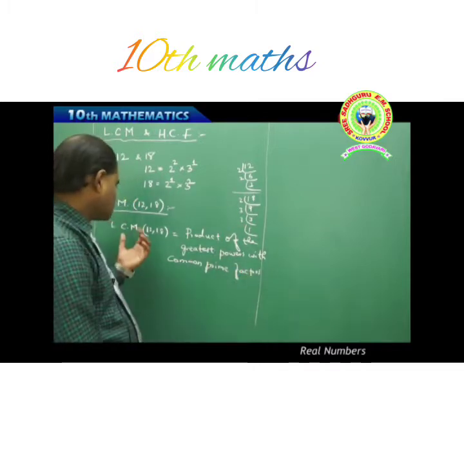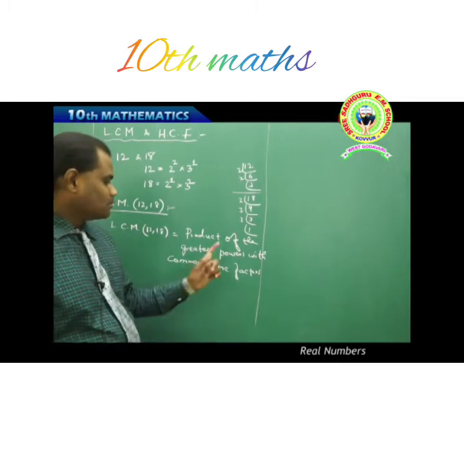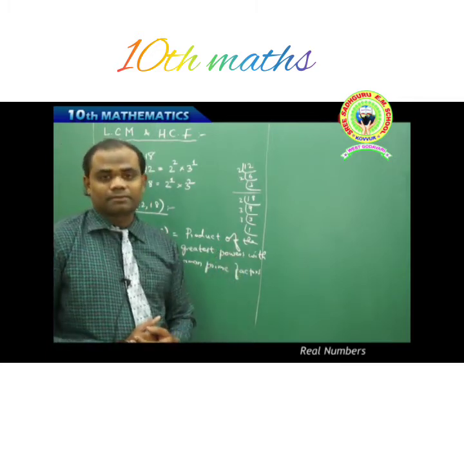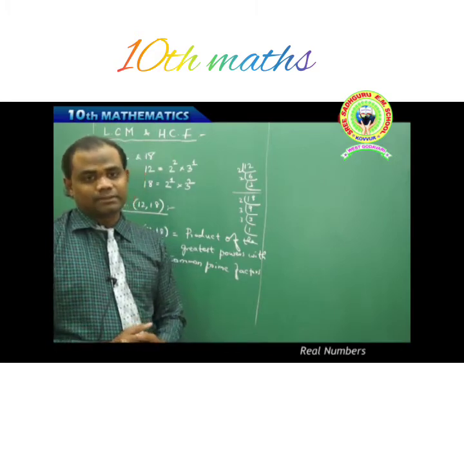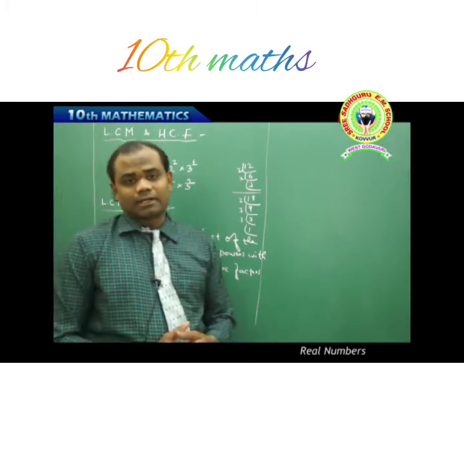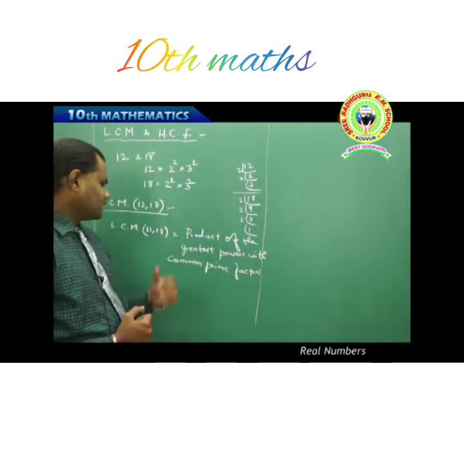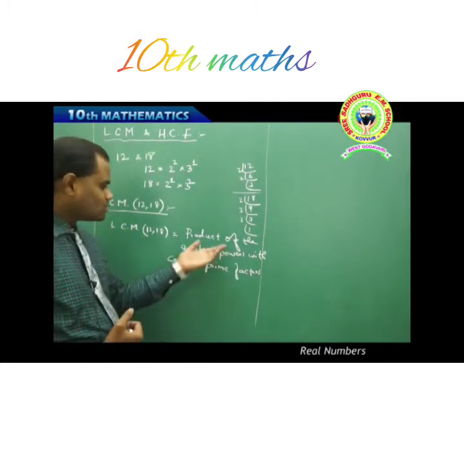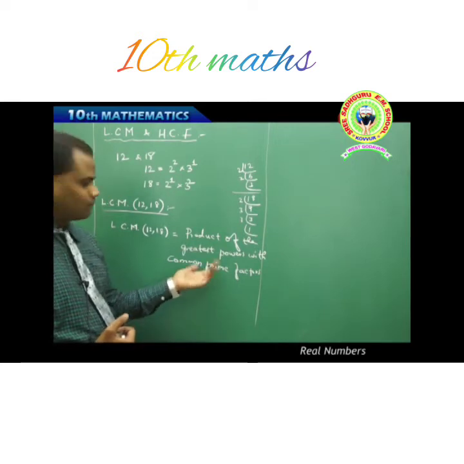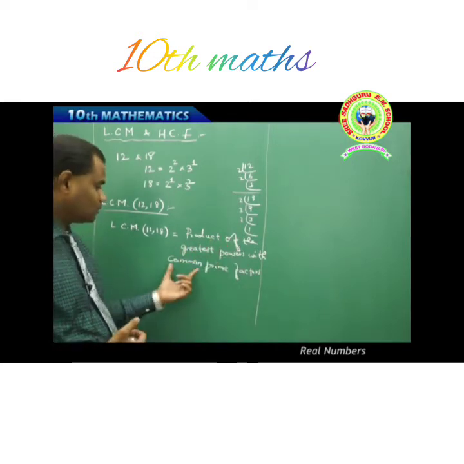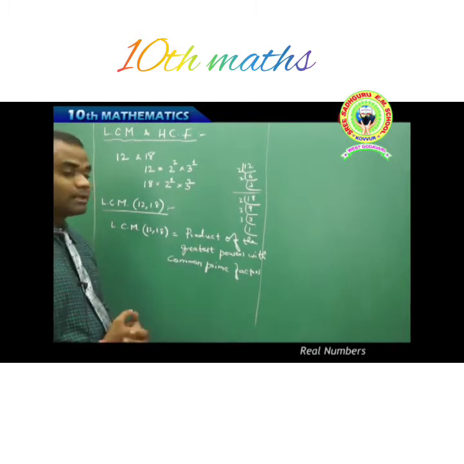The LCM of two numbers is defined as the product of the greatest powers with common prime factors. This is how we understand LCM connected with prime factors. So let's see how we can find the LCM of 12 and 18 using this method of identifying the greatest powers with common prime factors and then multiplying them.